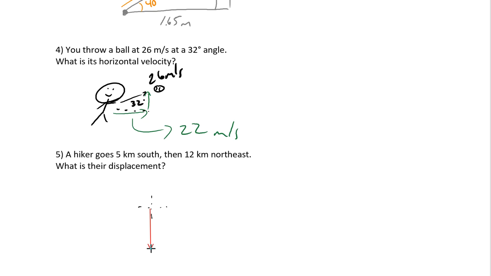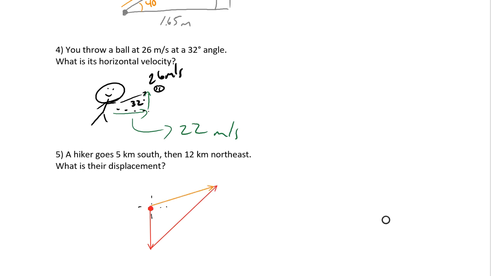That's perfectly at the 45, so maybe something like that. And we'd be looking for their displacement. So that's what they started from right there. And their displacement would be from the very beginning to the very end.